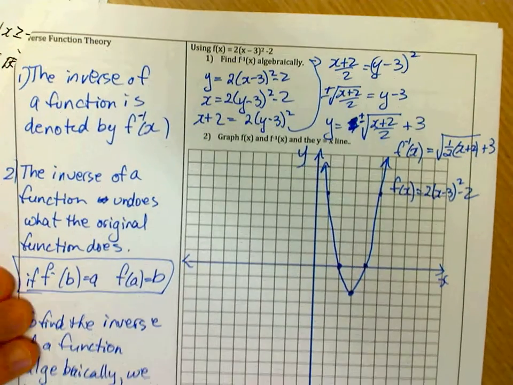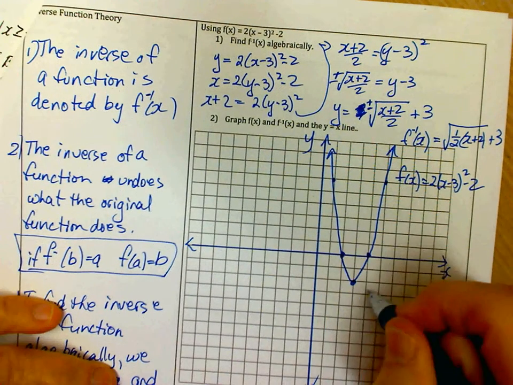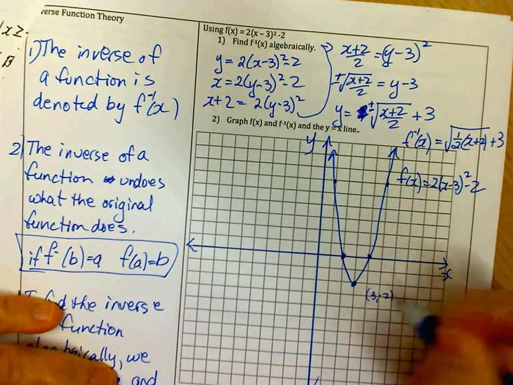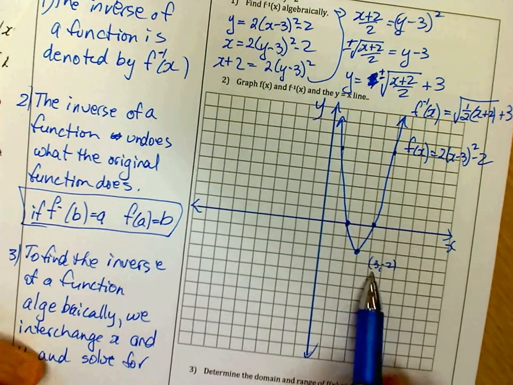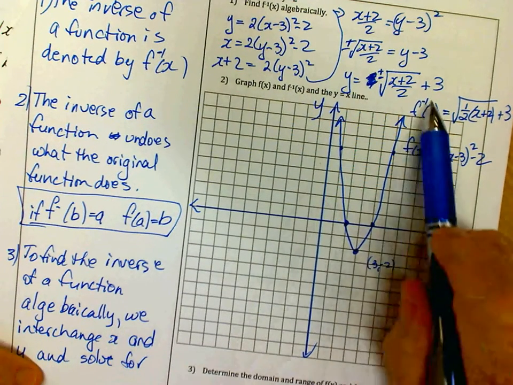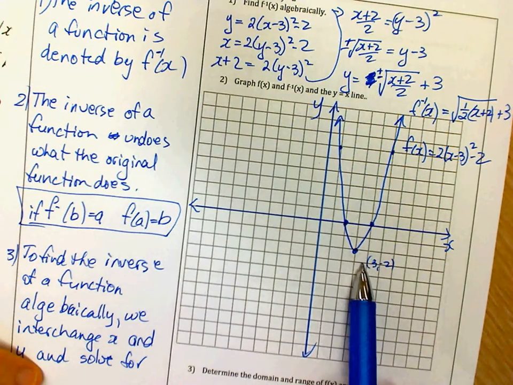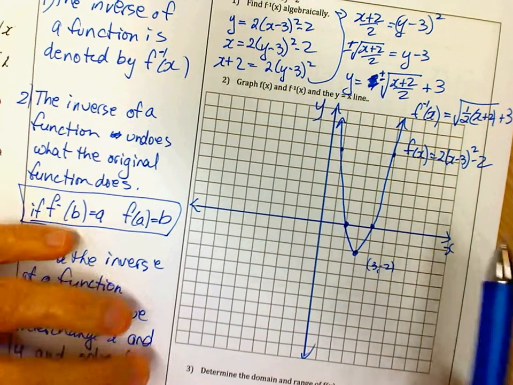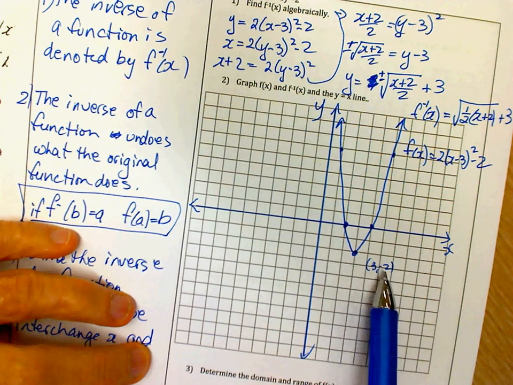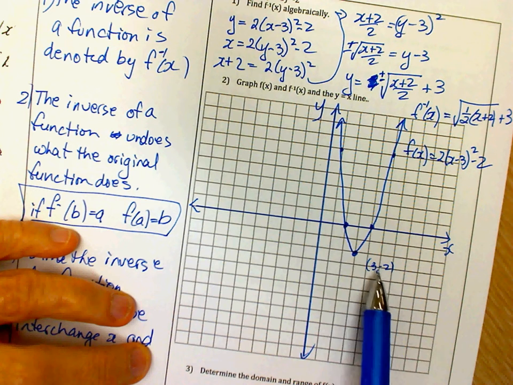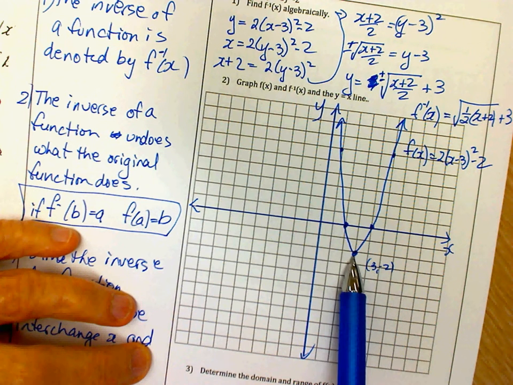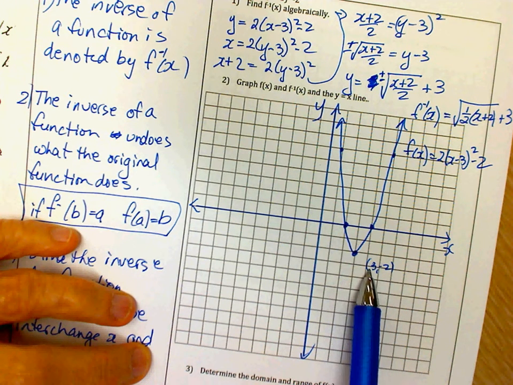Now I want to graph the inverse. This is f of x. We can just interchange x and y. So the inverse of the vertex happens at negative 2, 3. I'm going to draw it in another color.